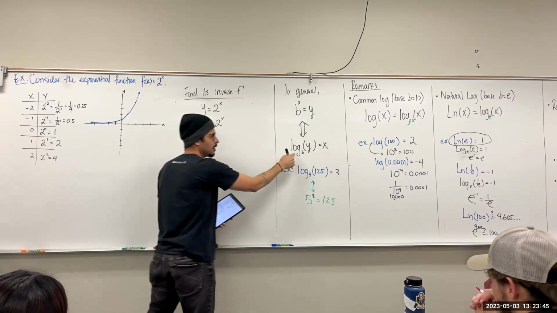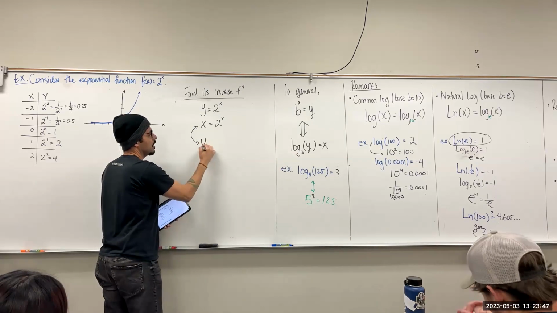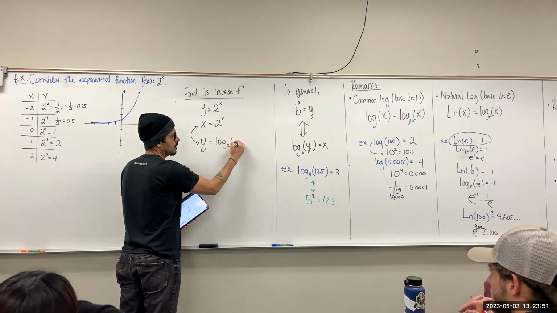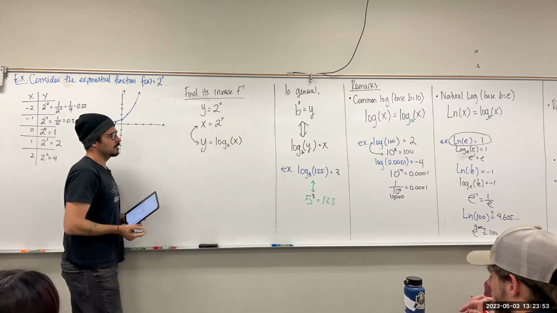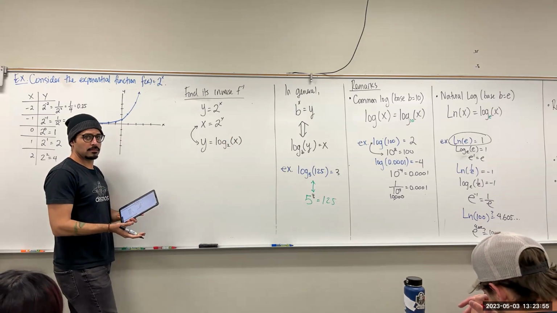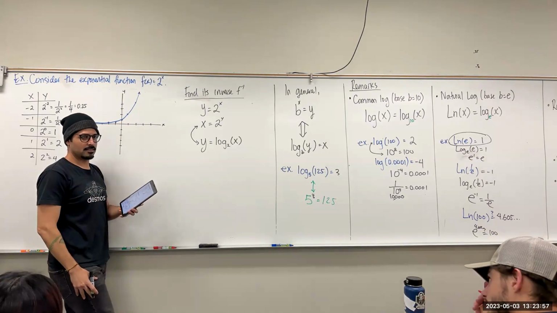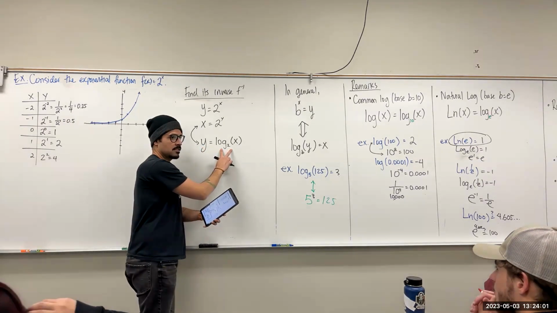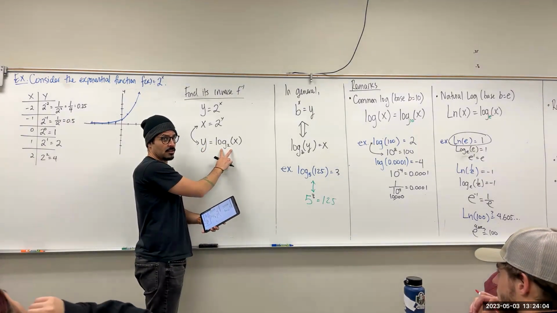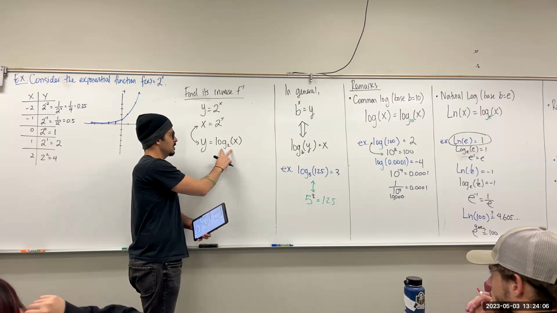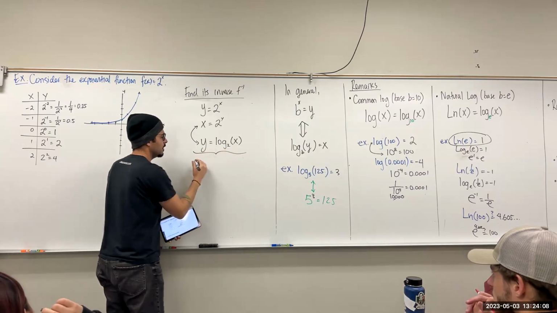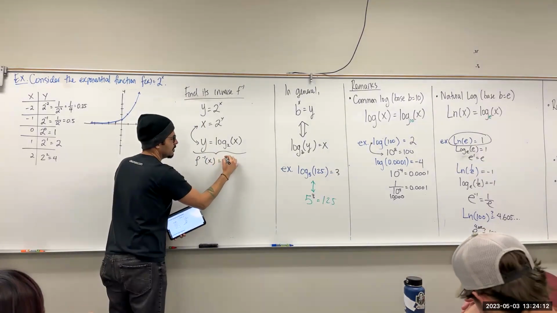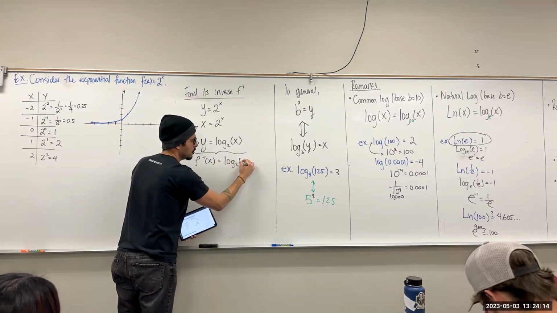The y, so this better equal the exponent. So it's going to be y equals log base 2 of x. Have we isolated y? Yes. So this becomes the inverse function. From what we get here, the inverse function of 2 to the x is the log function, log base 2 of x.